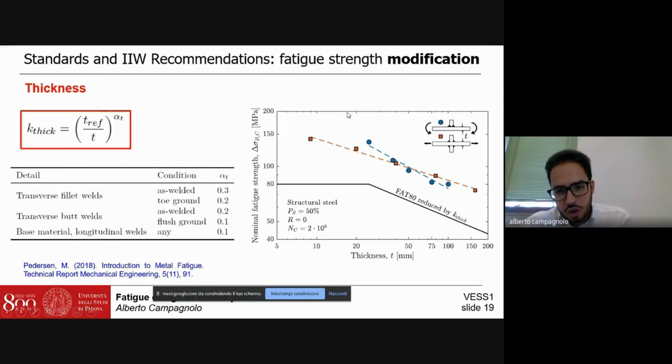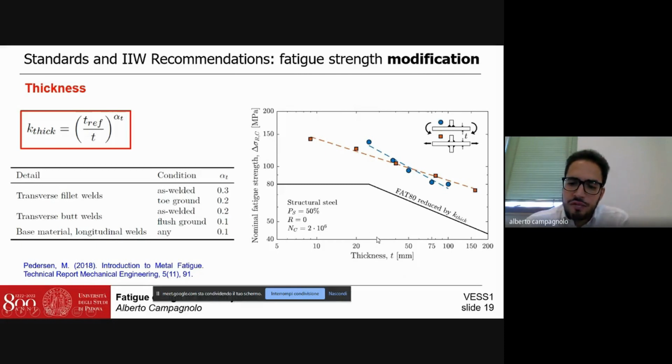We can see on this figure, comparing the nominal fatigue strength as a function of the thickness for joints under bending or axial loading, that increasing the thickness of the plate, there is a reduction of the fatigue strength category, especially for pure bending loading.